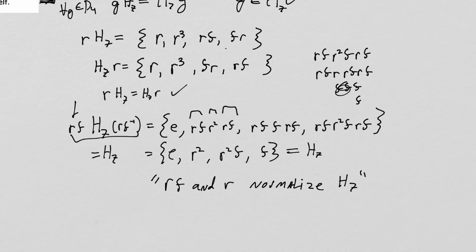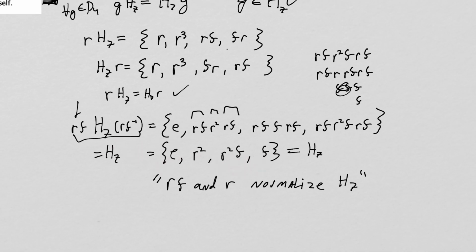You can check the two others, and you'll see that these rules, either creating the cosets and checking that the left and right cosets are equal, or conjugating by the element and seeing that you get your subset back, we can say that RF and R normalize H7, but we can also say that the other missing elements normalize H7. So RF, FR, and R cubed normalize H7. So H7 is in fact a normal subgroup.